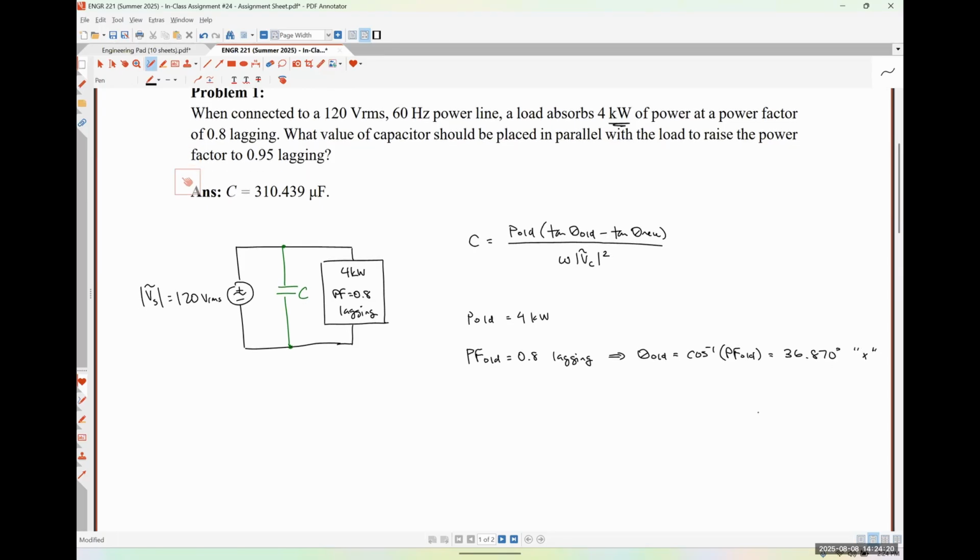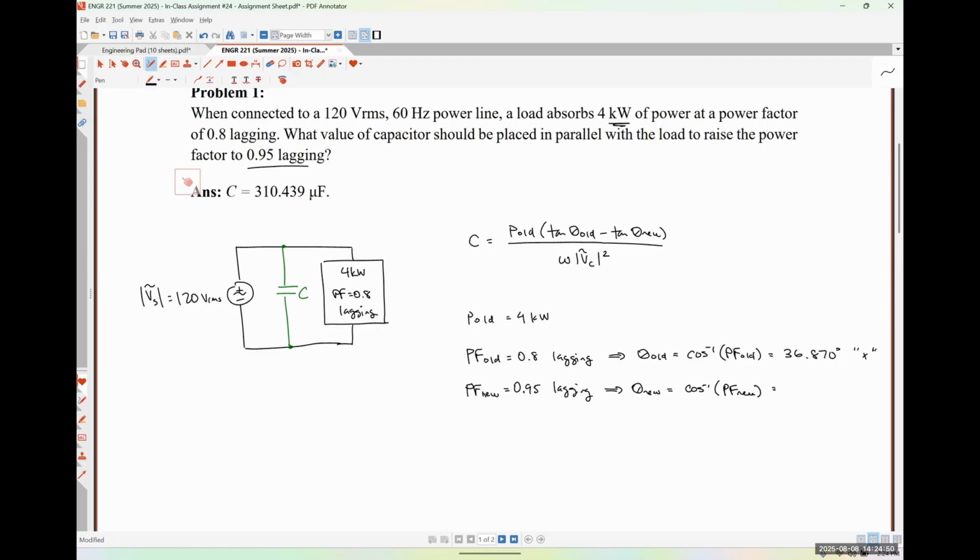Pretty similarly, we weren't given theta new, but we can find it by looking at our target power factor here, right? So if PF new is equal to 0.95 lagging, then theta new is just the inverse cosine of PF new.